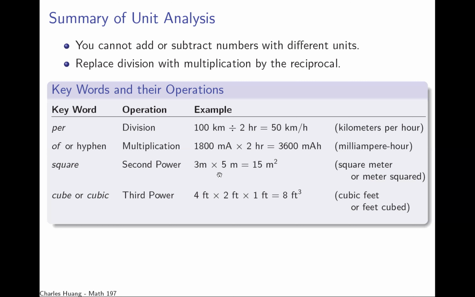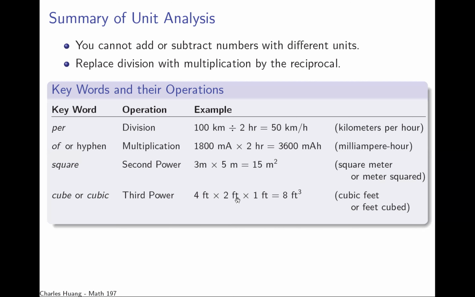When we calculate the area, for example, we will multiply two numbers together. And if I multiply meters with meters, I will get meter square or square meter. Both ways are acceptable versions of how we say the unit.